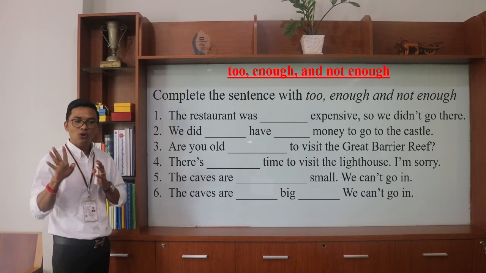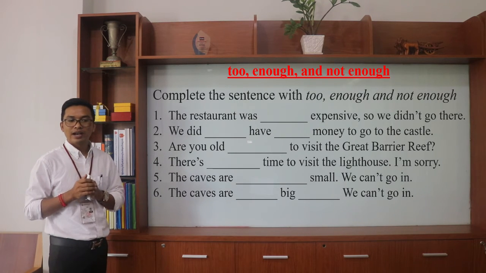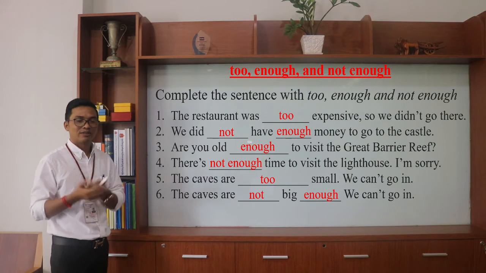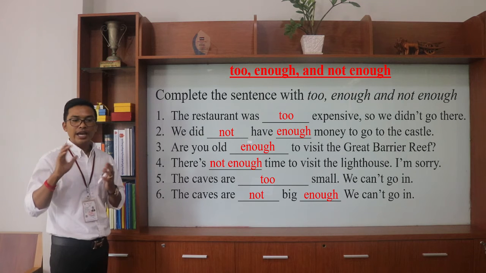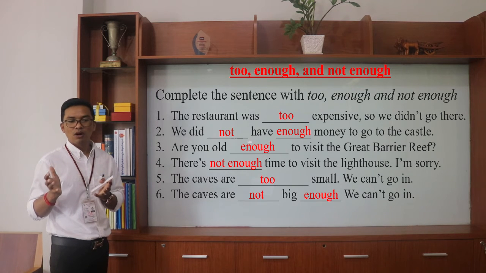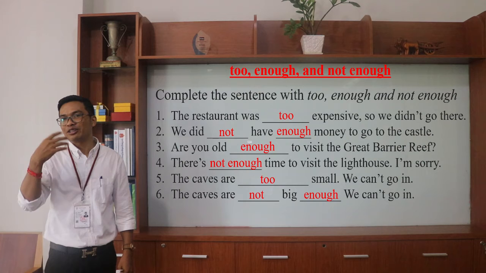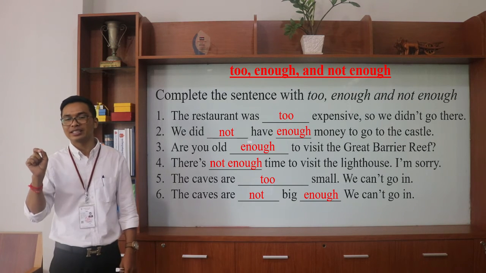And then number 4, there's not enough time to visit the lighthouse. I'm sorry, I gave you the answer already. And number 5, the cabs are blah blah small, we can't go in. So you see, more than we expect, so we cannot go into the cab. So we have to use too plus adjective, right?